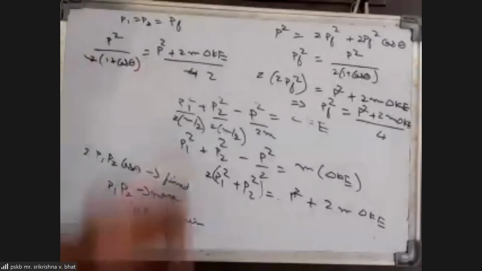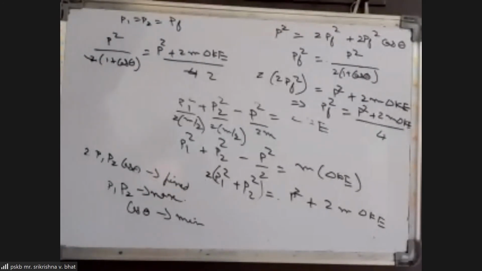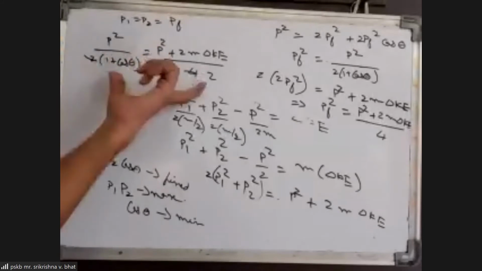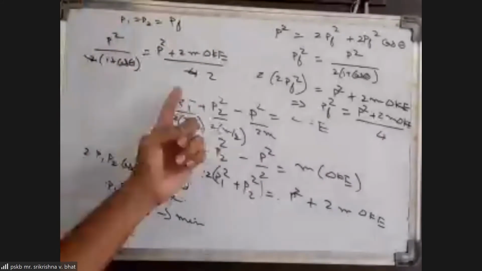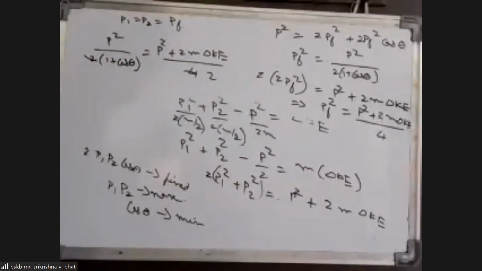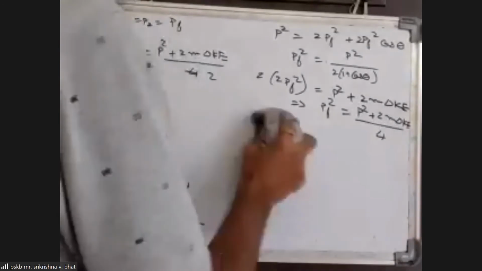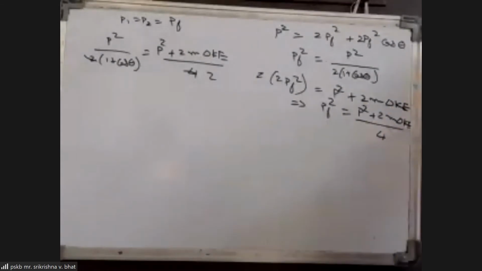But what is p? P is nothing but m u, so we can replace p with m u, and then this gives us the maximum value of cos theta. On simplifying further, you will get cos theta max, the maximum cos theta which corresponds to the maximum angle.